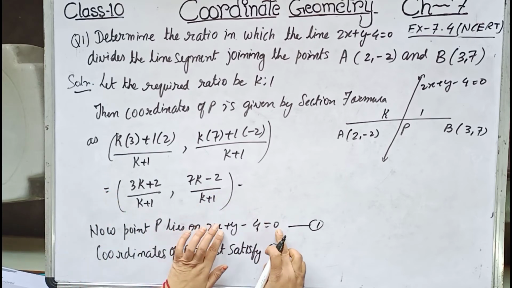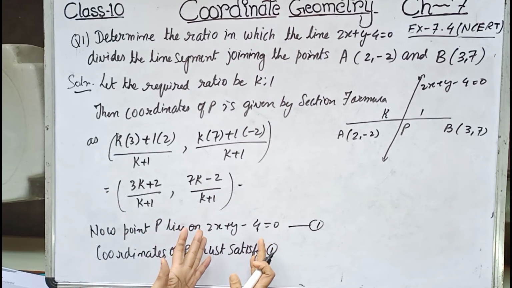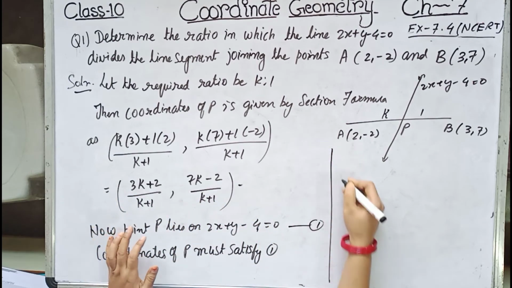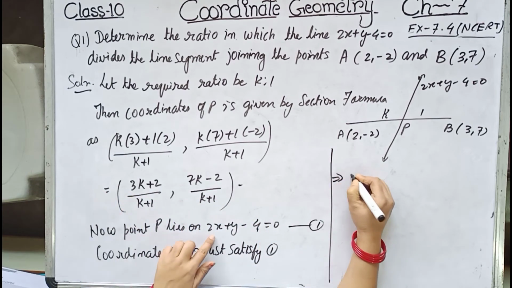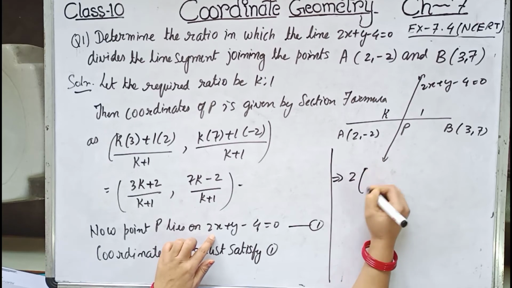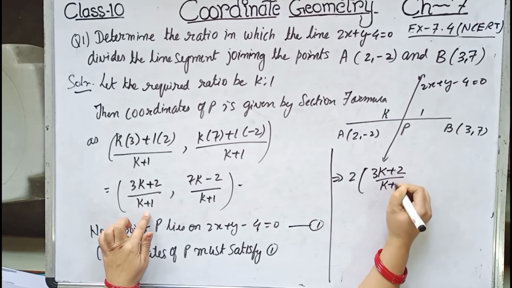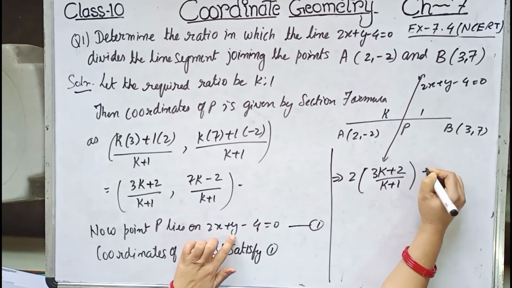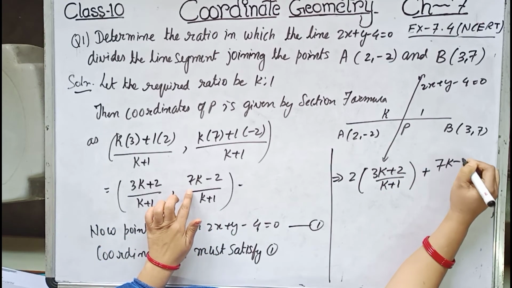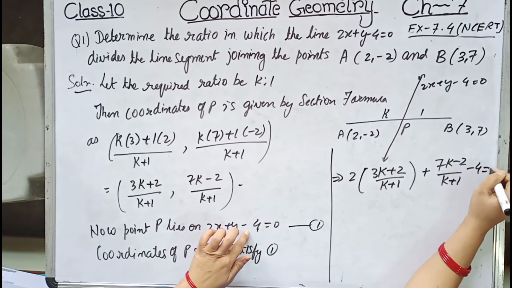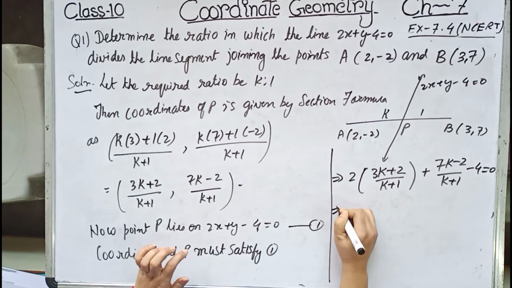These coordinates, if I put them, should satisfy this line, because this point is lying on this line. This implies 2 into (3k plus 2) by (k plus 1) plus y, that is (7k minus 2) by (k plus 1), minus 4 equals 0.